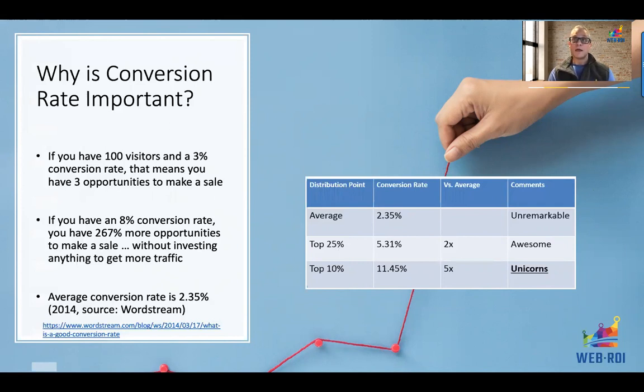Now, it's important to note that every page of your website is a landing page. Anybody can land anywhere on your website. WordStream is in particular pay-per-click management software, so it's only paid traffic, and it's only landing them on specific dedicated landing pages that are identified by their software.